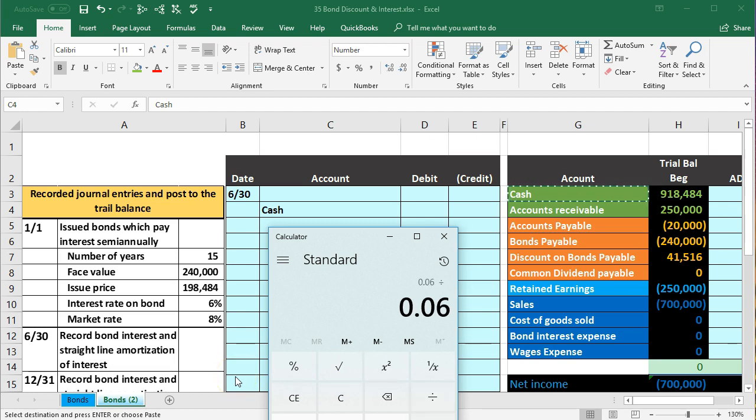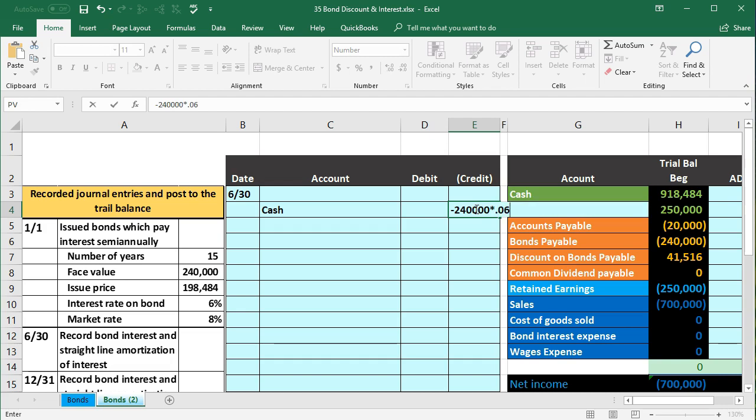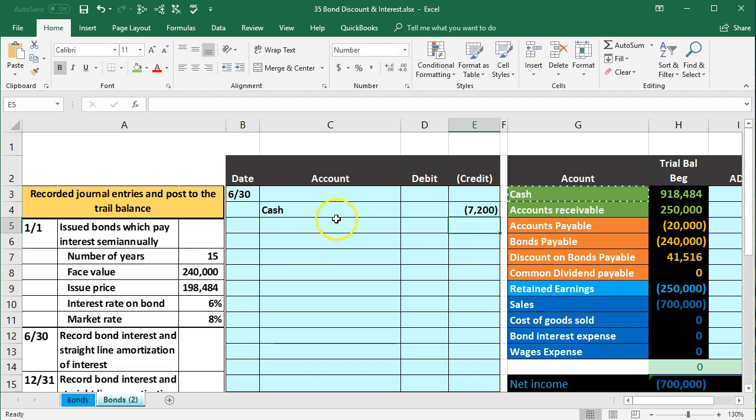If we divide that by 2, it would be 3% times the face amount, 240,000. So two ways we can do that. Let's do that over here. It's going to be a credit, so I'm in E4, negative 240,000 times 0.06 divided by 2. So there we have it. I'm going to indent this, home tab, alignment, increase indenting, probably done for you already.